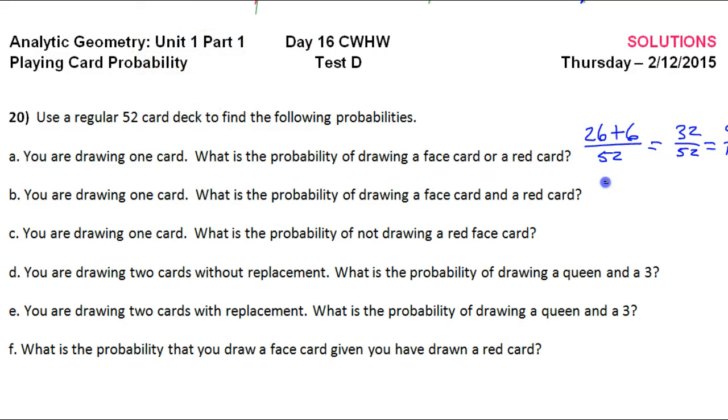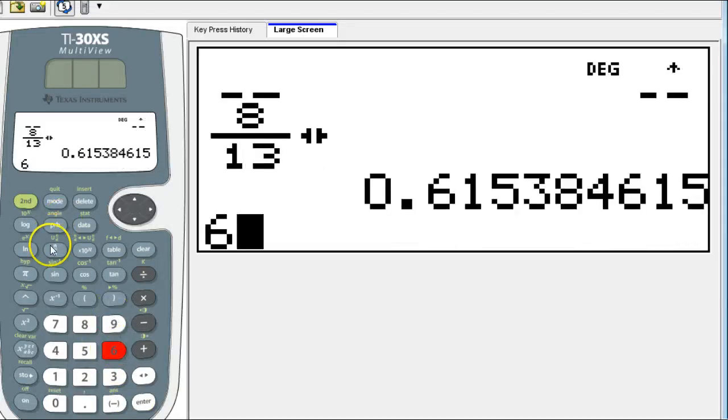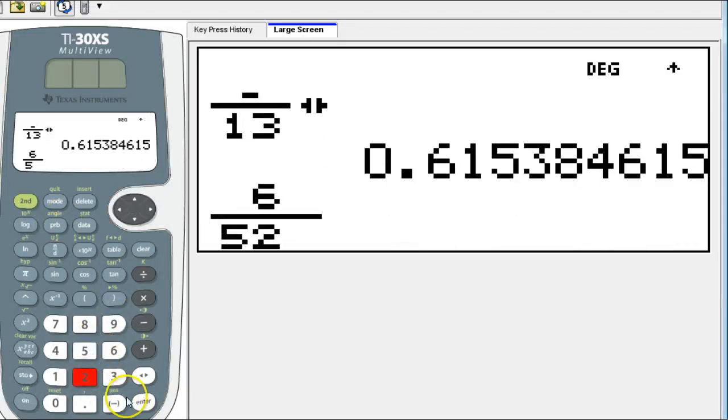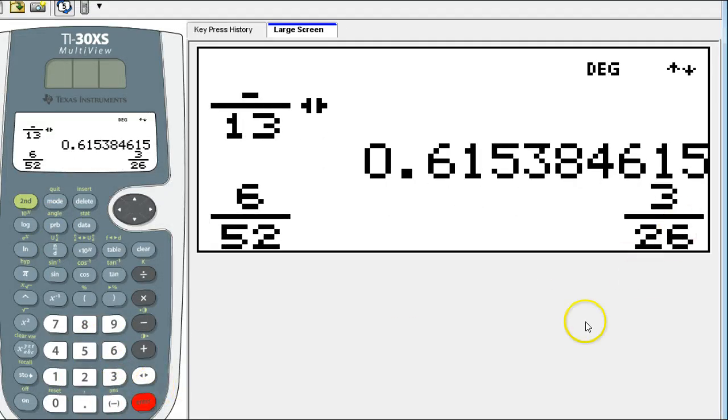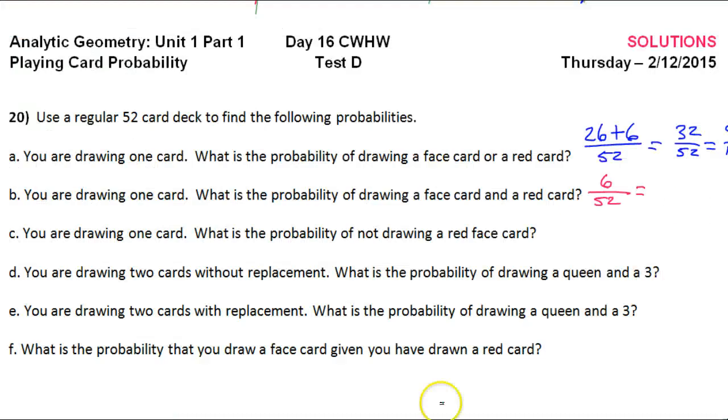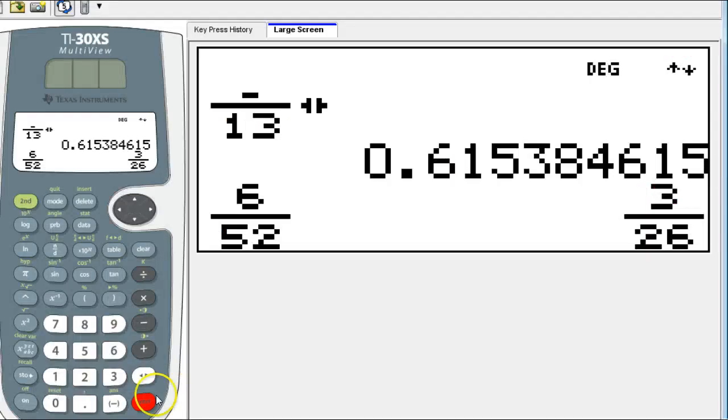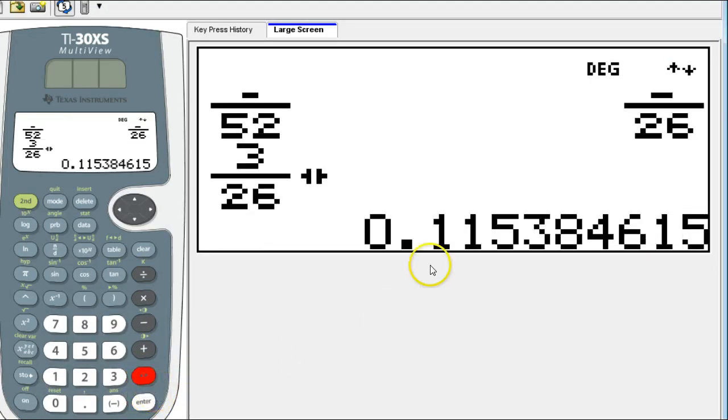Okay, we're talking about 6 cards out of the 52. So again, we could reduce this. So 6 out of 52. So I could say 3 out of 26 if I want. Okay, or I could decimalize it by toggling.